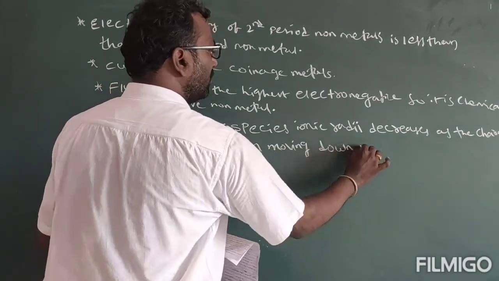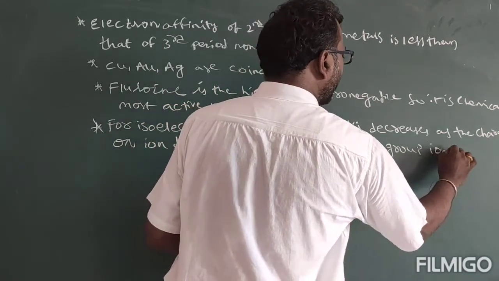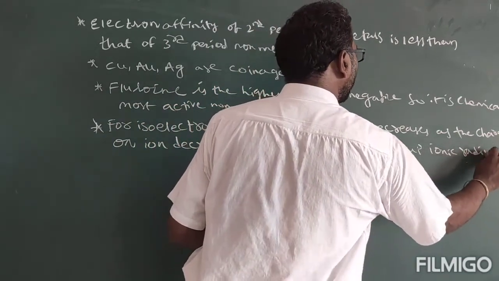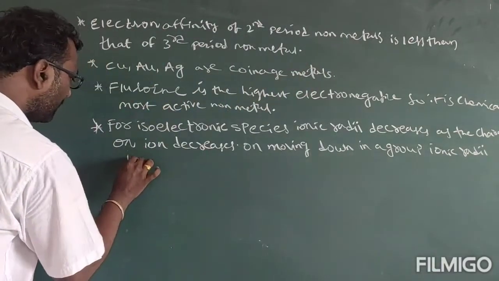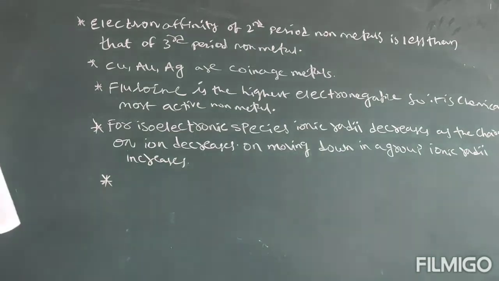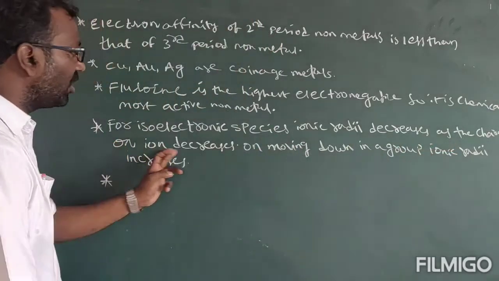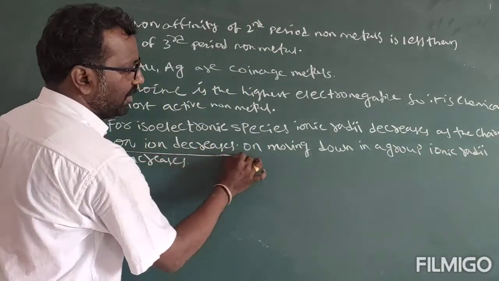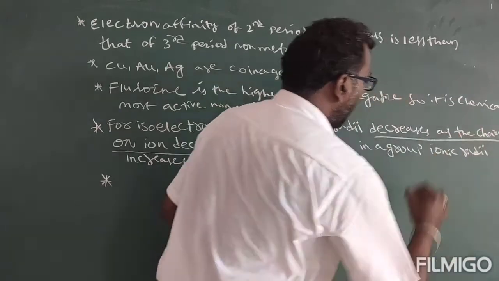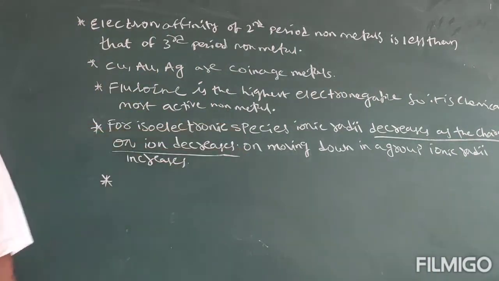On moving down in a group, ionic radius increases. For isoelectronic species, what happens? The ionic radius decreases as the charge on the ion decreases.